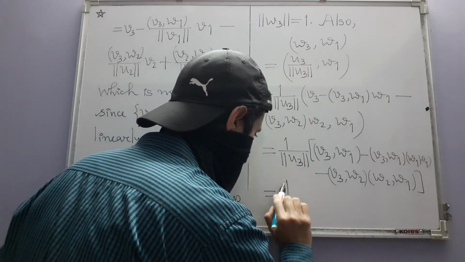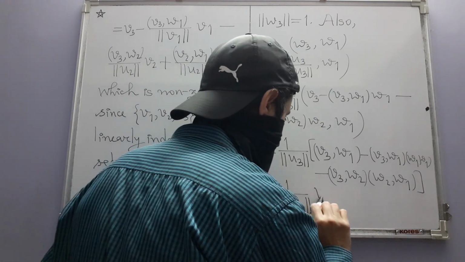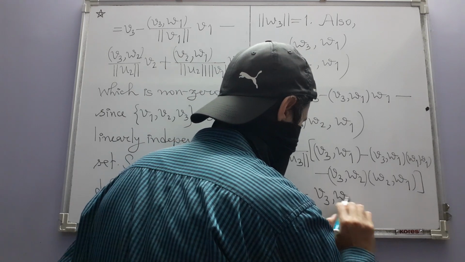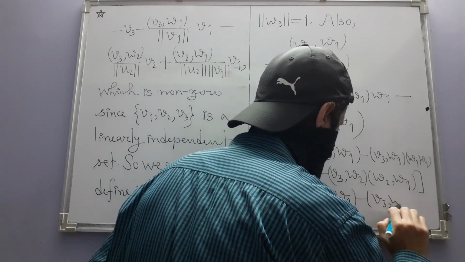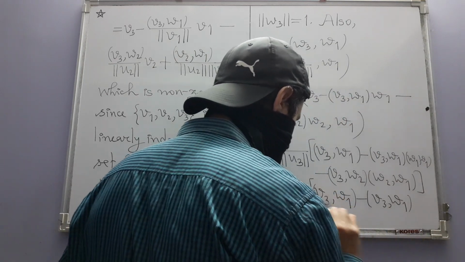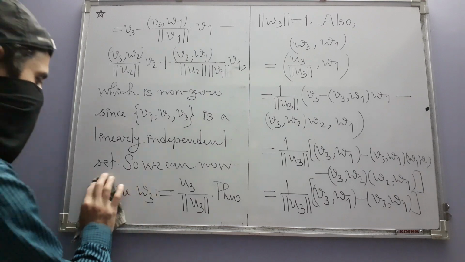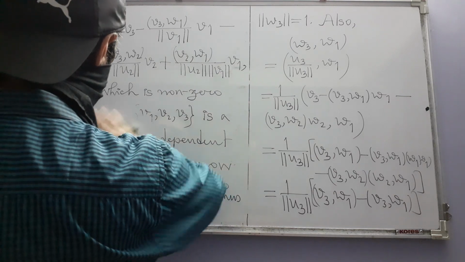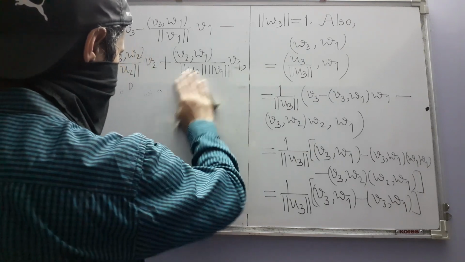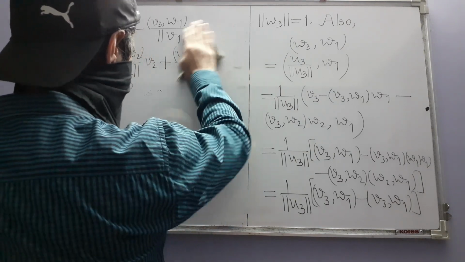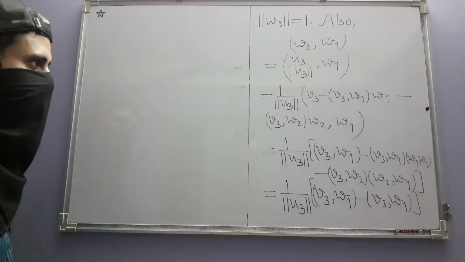So ultimately we are left with this, which becomes 0. And a similar calculation would also show that w3 is orthogonal to w2, which of course I am not going to do. We can just simply mention that.